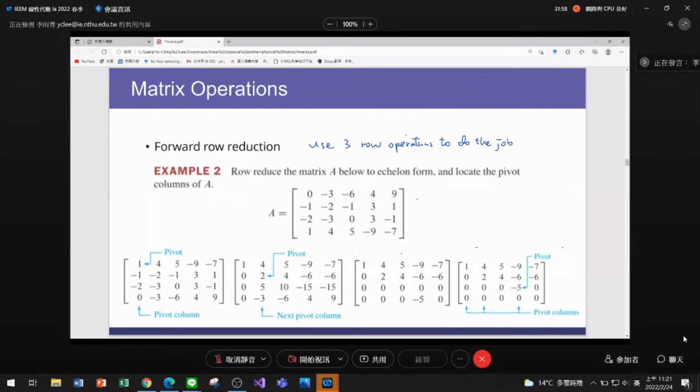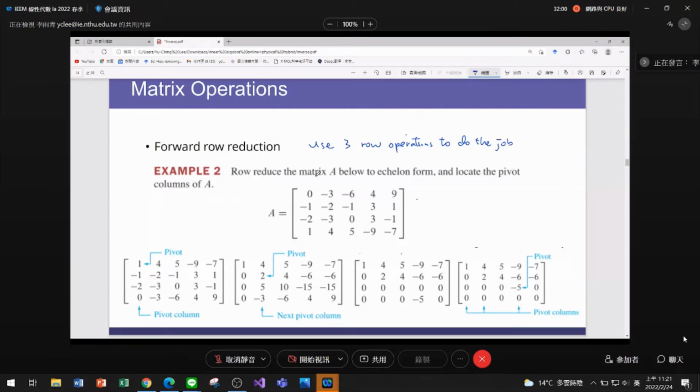So this is an example. We have a fairly large matrix, a 4 by 5 matrix. And the example wants us to row reduce the matrix A to an echelon form.